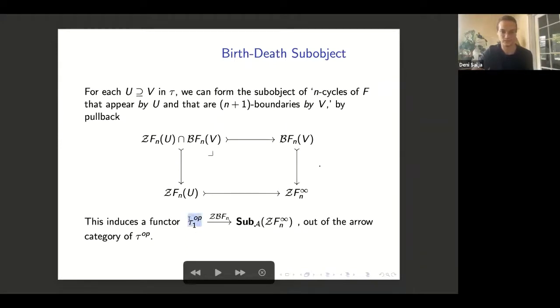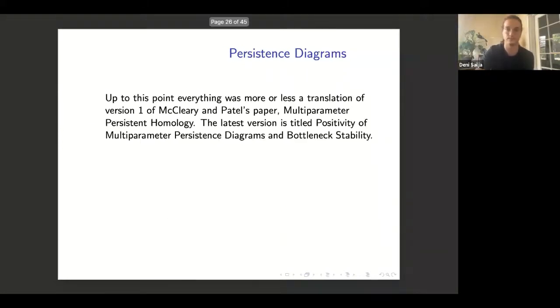So this lets you talk about this pullback as a functor from the arrow category of that open lattice into subobjects of your total cycle subobject. So this is how McCleary and Patel did this more or less. And I was reading initially, multi-parameter persistent homology.